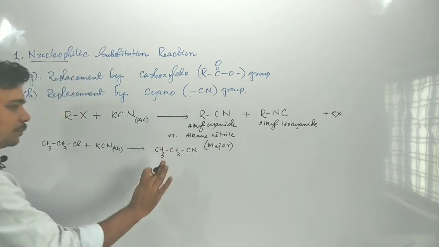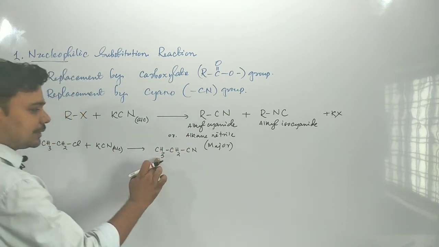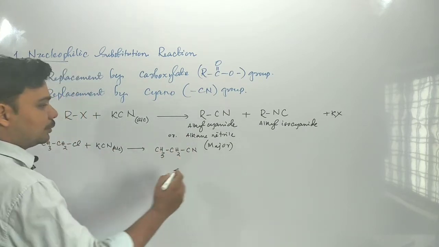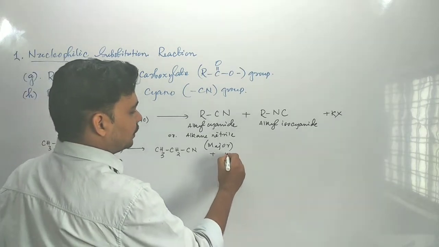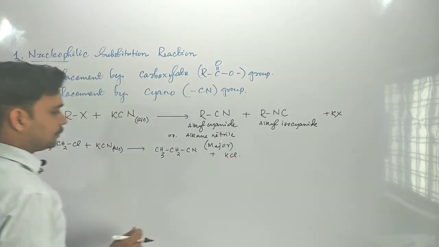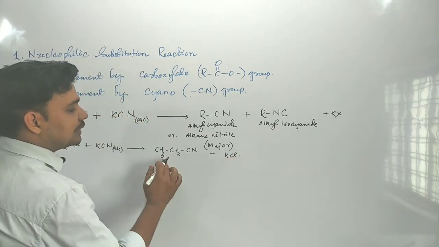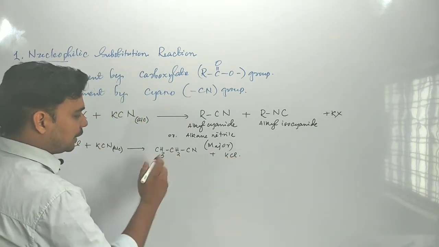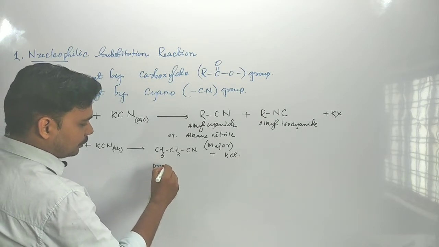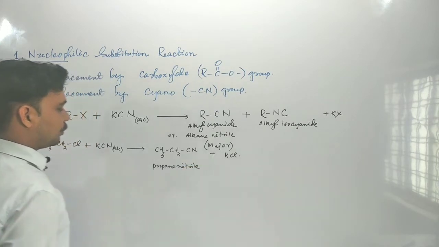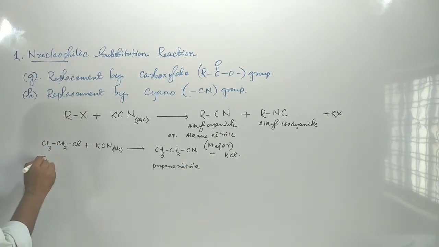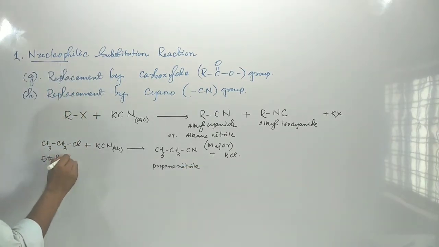Let me write the major product only. Okay, CH3CH2CN, and what would be the byproduct? This K plus and Cl minus will form KCl. This is ethyl cyanide or propanenitrile. The IUPAC name is propanenitrile. It has been obtained from ethyl chloride.